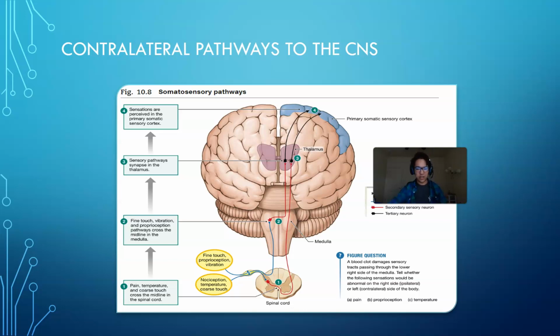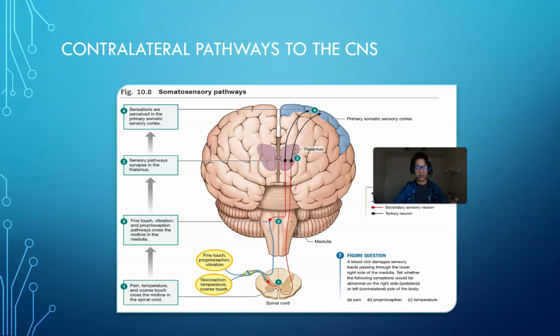As you can see through the image, the sensations of pain, temperature, and coarse touch cross the midline down here in the spinal cord, whereas fine touch, vibration, and proprioception, which helps us sense where we are in space, decussate at the medulla, closer to the brain.